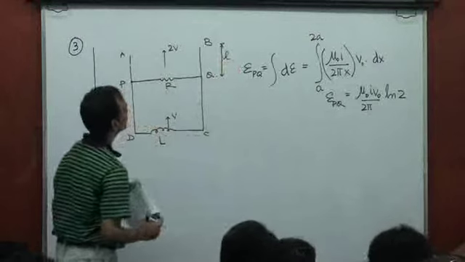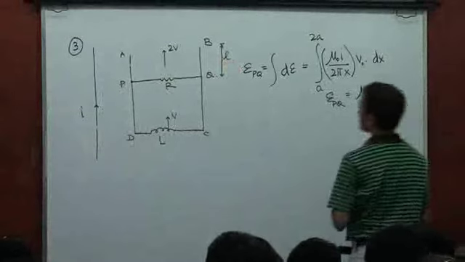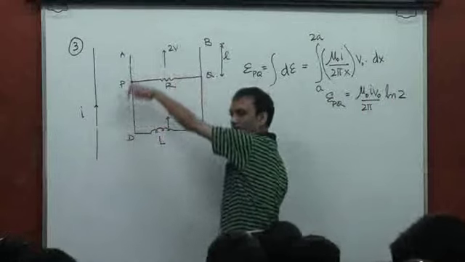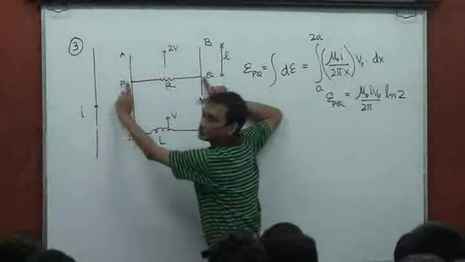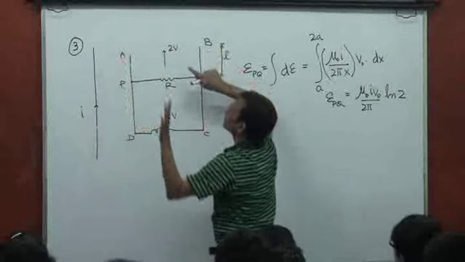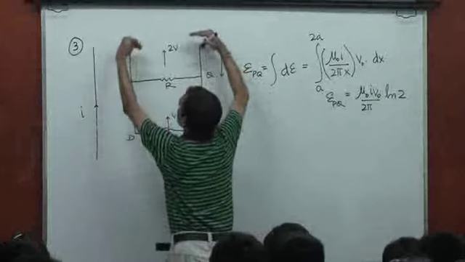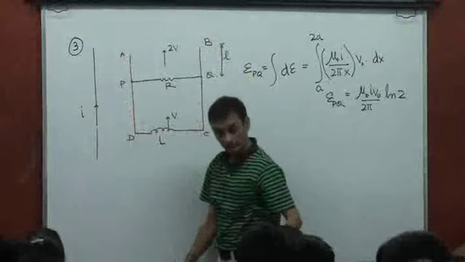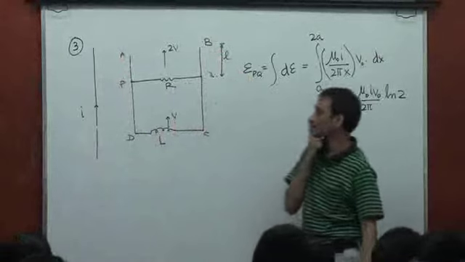So now let me explain the problem to you first. We have a wire frame, ABCD, open at AB, and there is a slider PQ which moves up along the wire frame and it has a velocity 2v, right? The wire frame ABCD has an upward velocity v, whereas PQ has a velocity 2v upwards, right?